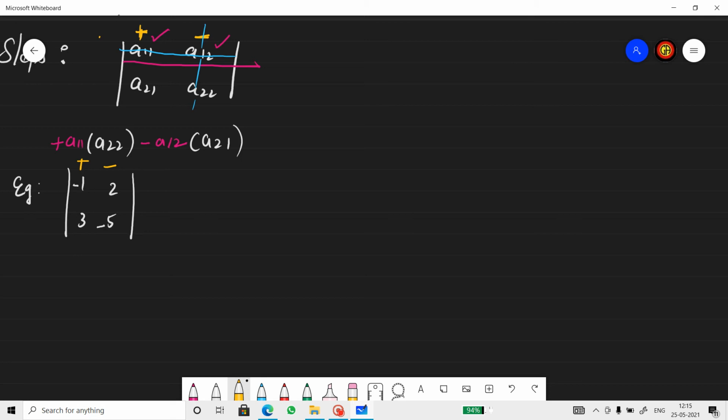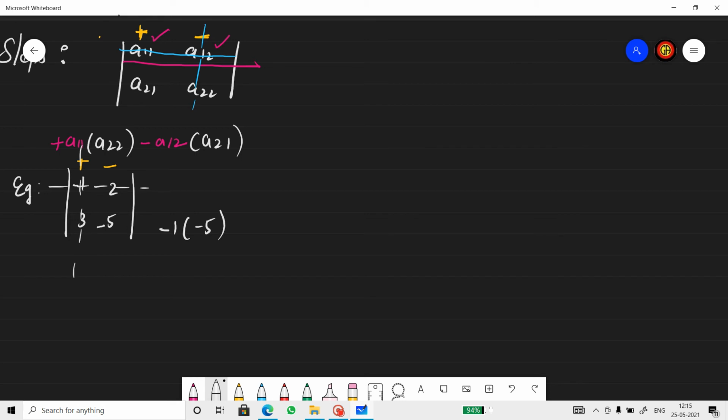Consider the first element in the first row, which is minus 1. So minus 1 into plus is minus 1. Now delete the row and column in which this minus 1 is present. What remains is minus 5. So minus 1 into minus 5.